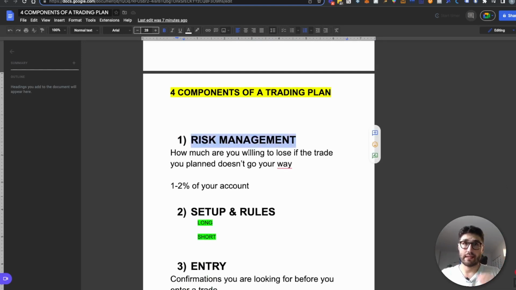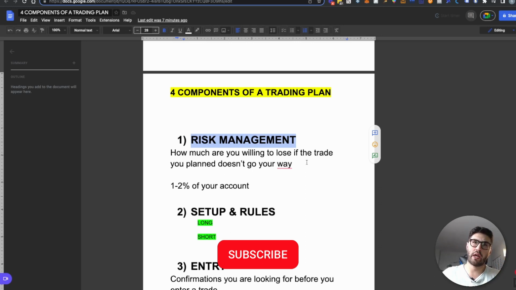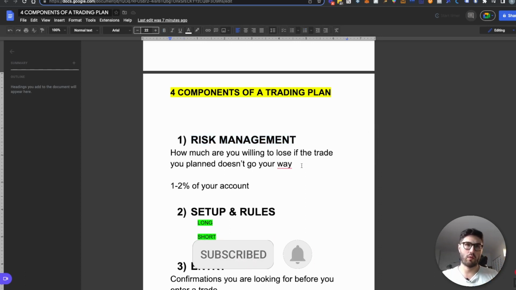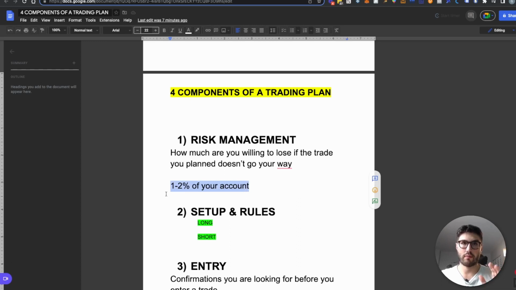The risk management is literally how much are you willing to lose if the trade you planned doesn't go your way. So as a rule of thumb, you should only risk 1 or 2% of your account at that given time, okay? Because if you are putting at risk 10% of your account and you place 5 trades and 5 trades in a row don't go your way, half of your account is gone.